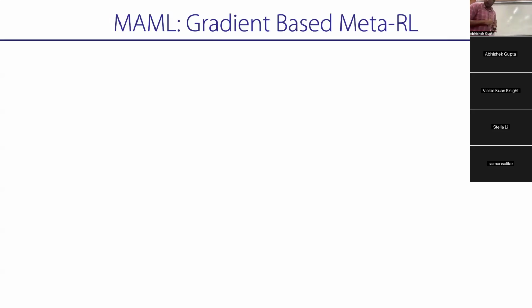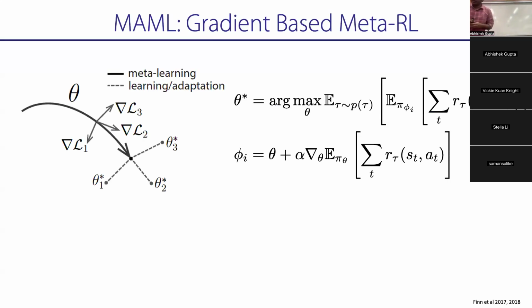There's a method called MAML that came out in 2017 or so. What MAML does is it says that my update rule is going to be gradient descent. Let's call this phi i plus 1 is phi i plus, so it's phi i.